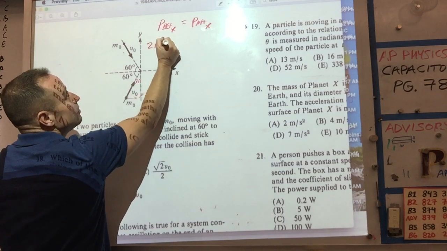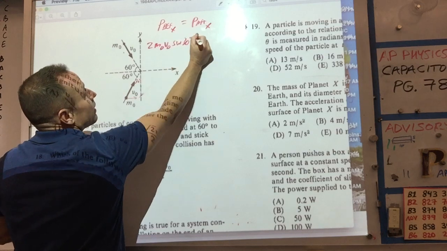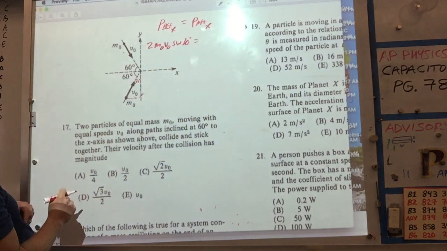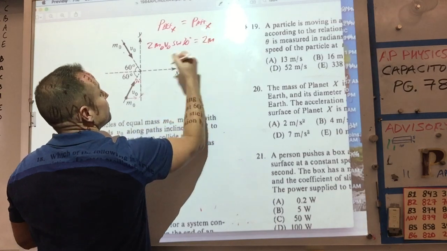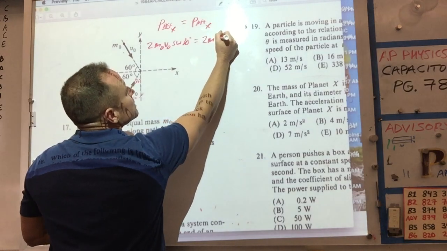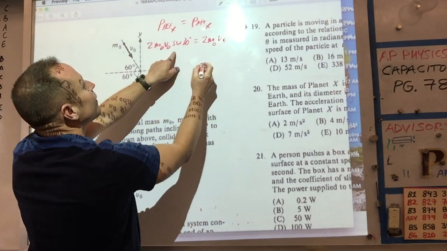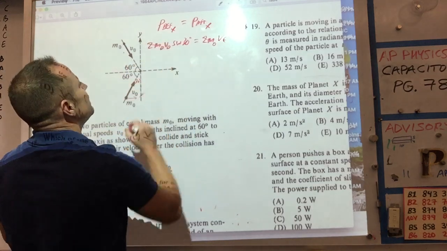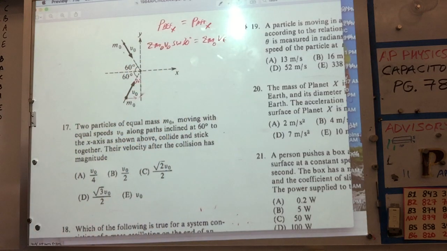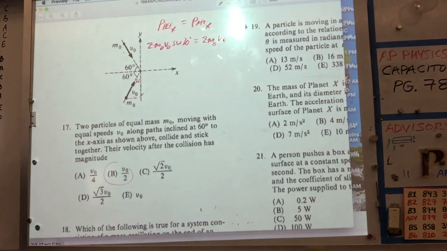So this is going to be 2 m0 v0 sine 30 equals, and now they stick together, so the final mass is going to be 2m0 times some v final. So v final then must be, well, the 2m0 will cancel, so it's v initial sine 30, which is half of v initial. So that's right. So this one, 17, should be B.